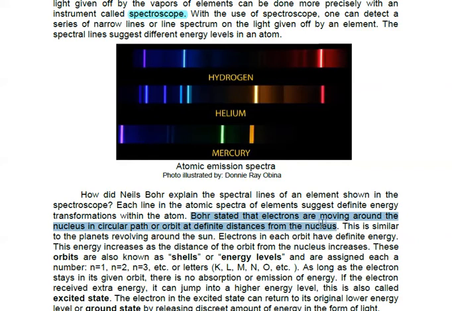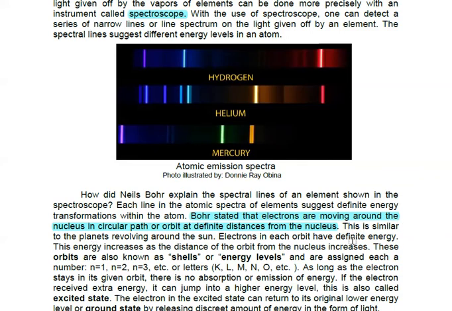This is similar to the planets revolving around the sun. Bohr basically said that the nucleus is like our sun, and the electrons are moving around the nucleus in an orbit, just like the planets revolve around the sun.